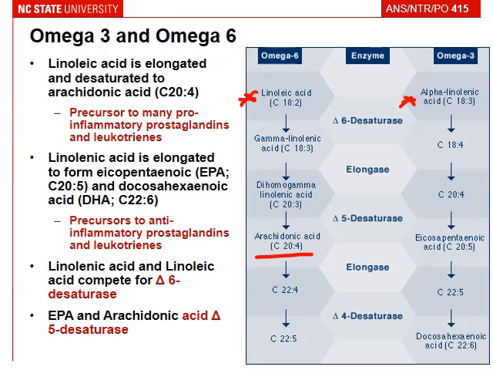Our EPA, which is 20 carbons long and has 5 double bonds, is then used to make DHA, or docosahexaenoic acid, which is 22 carbons long and has 6 double bonds. So you've probably heard of EPA and DHA.